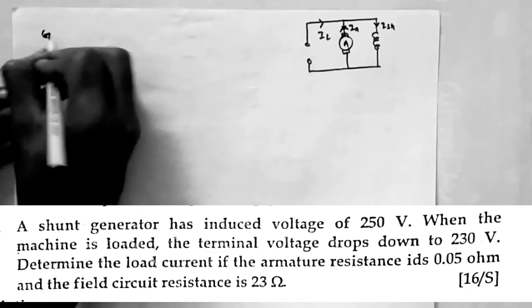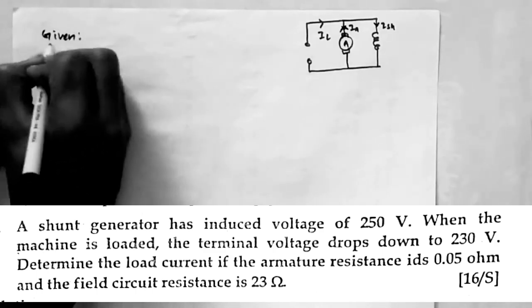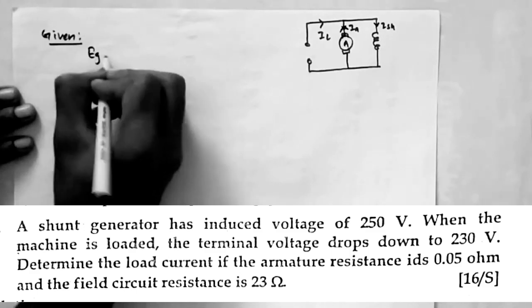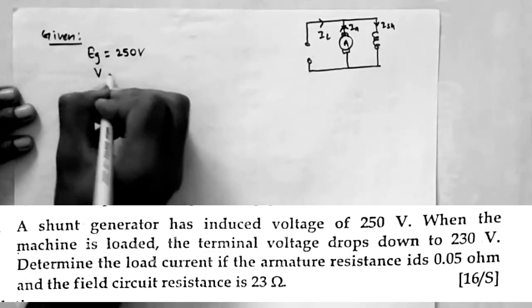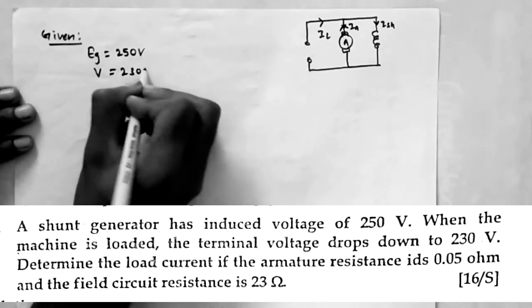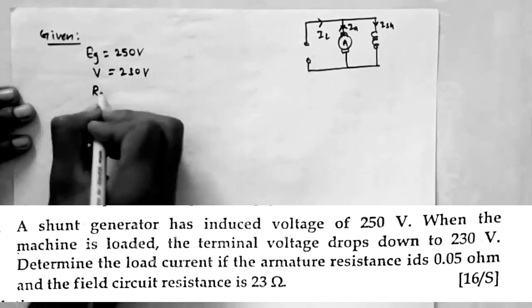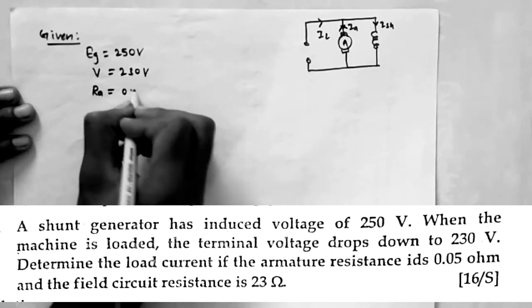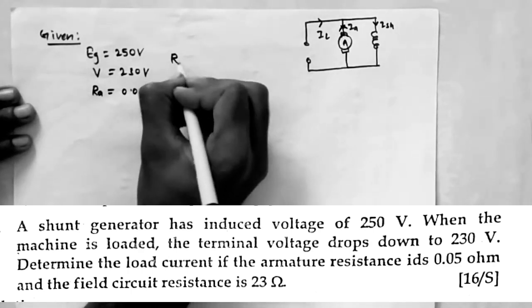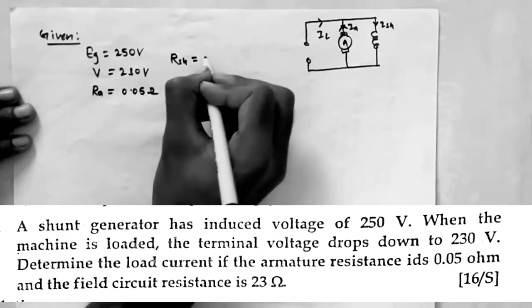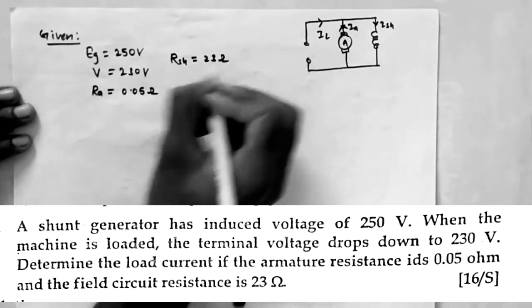So here we have the given: Eg is equal to 250 volt and V equals 230 volt, armature resistance Ra is 0.05 ohm, and also we have the shunt field resistance Rsh equals 23 ohm.